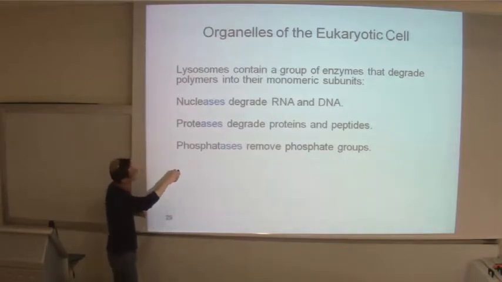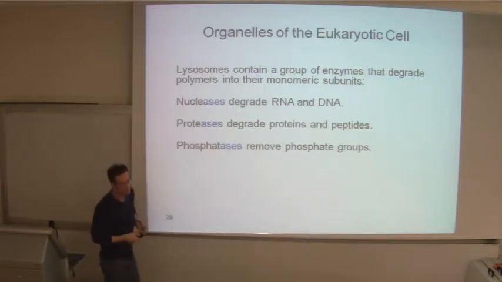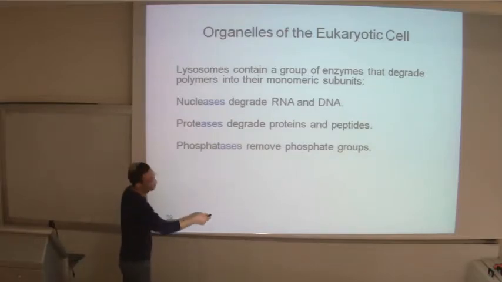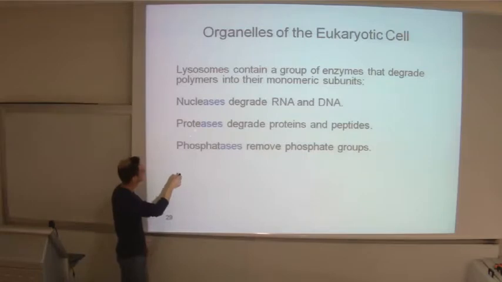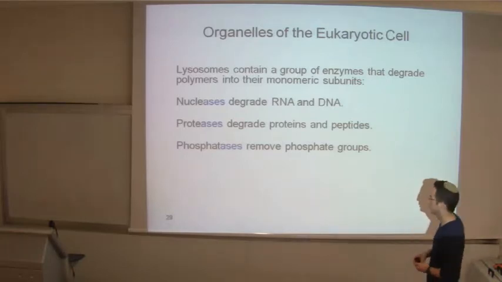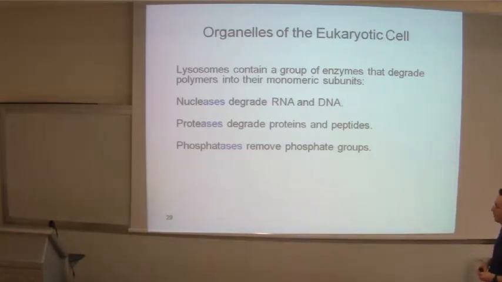So nucleases are enzymes that degrade substances that are made of nucleotides, RNA and DNA. All of them you'll find in lysosomes. Proteases degrade proteins and peptides, okay? And phosphatases remove phosphate groups, a necessary initial step in degradation of many proteins.